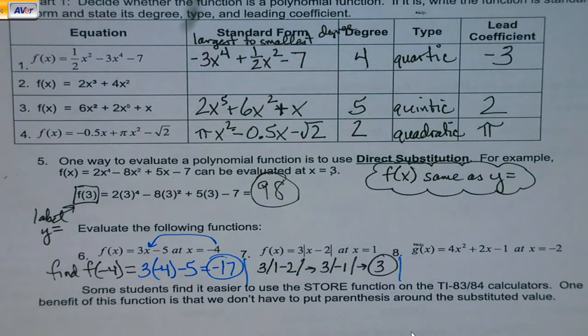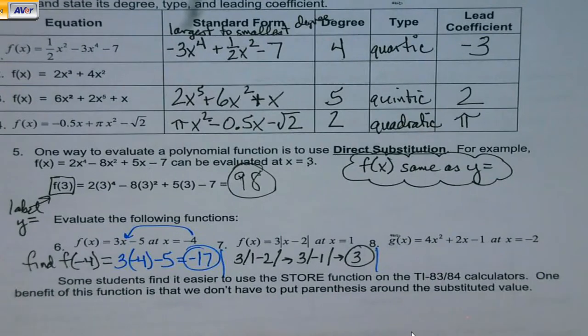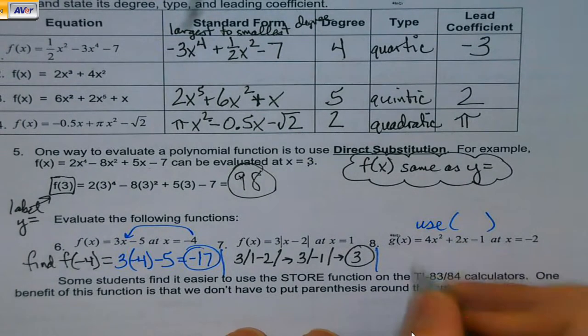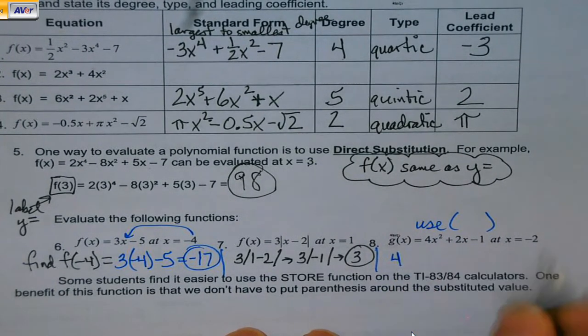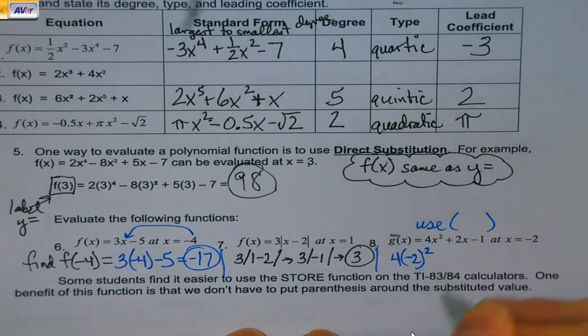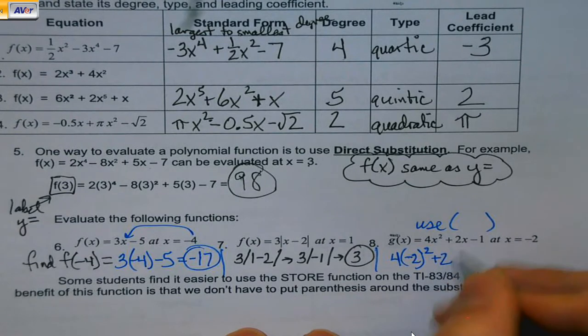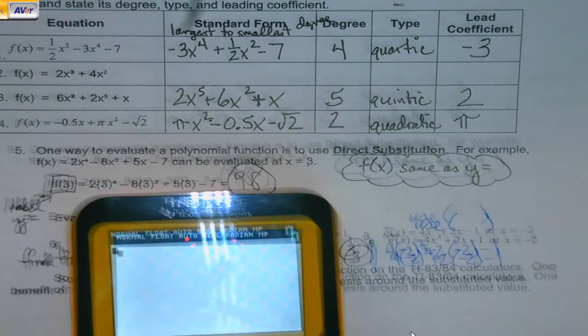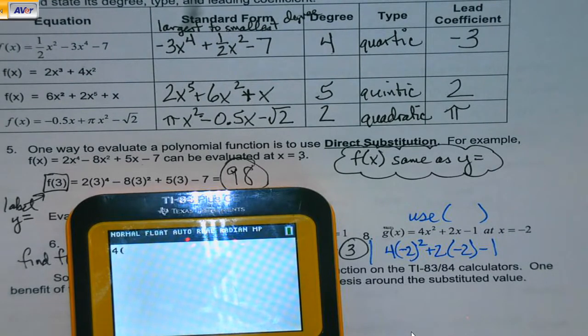And then this last one is on there to know the importance of parentheses. I'm going to write that in here. So here, when I'm plugging my -2 in, whether it's to an exponent or it's just plain old -2 that I get in there, it's going to be critical that I have the parentheses.